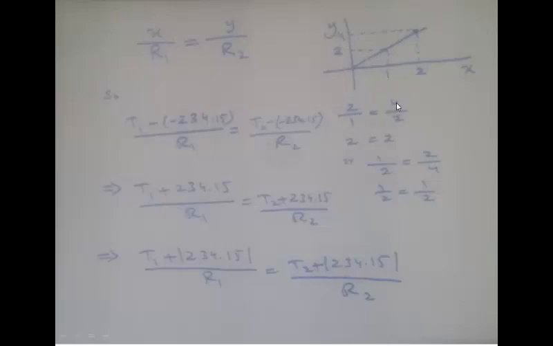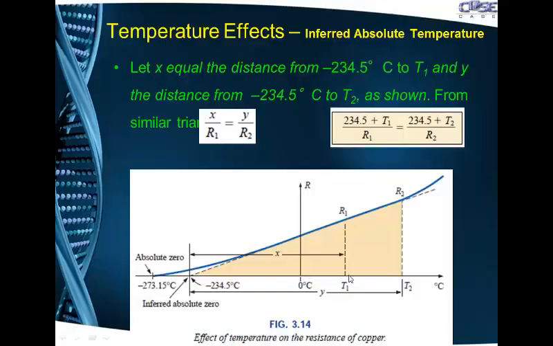Or you can have x1 over y1 equal to x2 over y2, which is still equal. So the ratio of these 2 points would remain constant. So that's why I have written that this point is x and x over R1, and this point is y and y over R2. So x over R1 would be equal to y over R2.